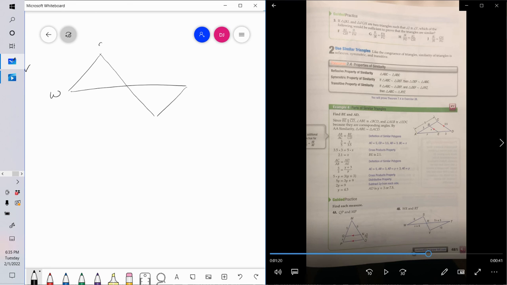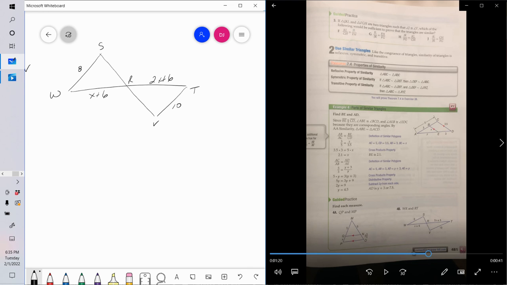Here's W, S, R, V, T. WS is 8. WR is x plus 6. VT is 10. And this is 2x plus 6.